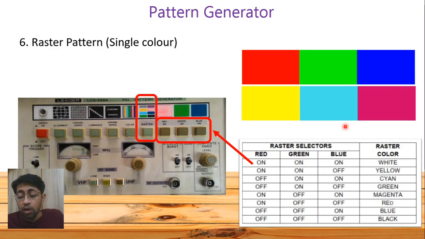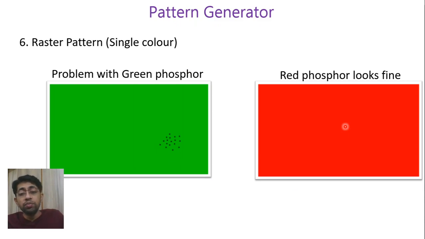Another thing: let us assume you apply pure green color to the screen, but if black dots are produced on the screen, you can see there is some problem with the green phosphor, because these black dots are not able to produce green light.